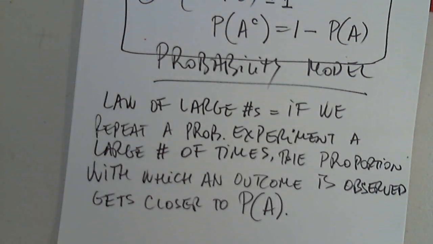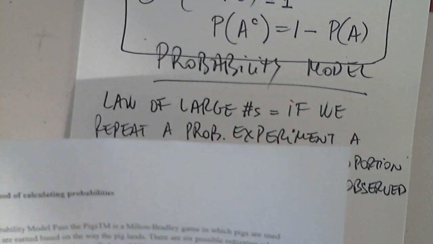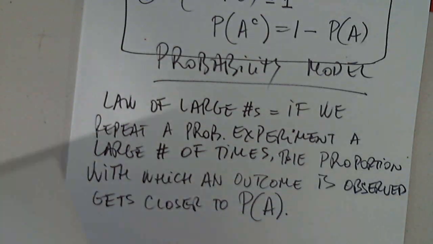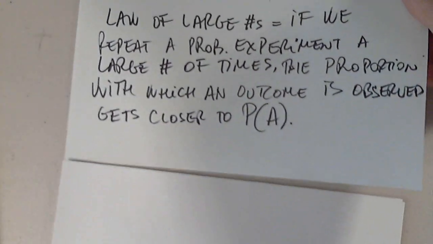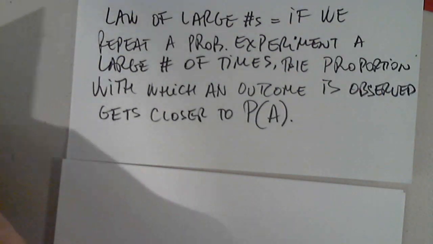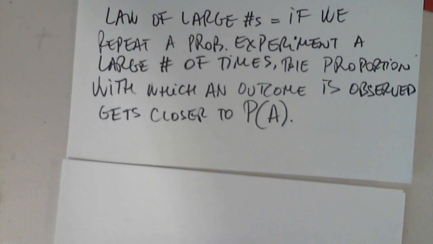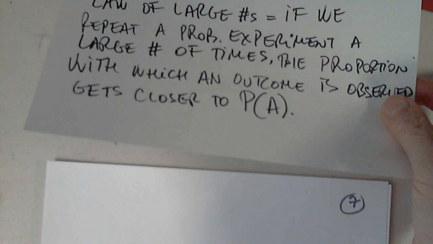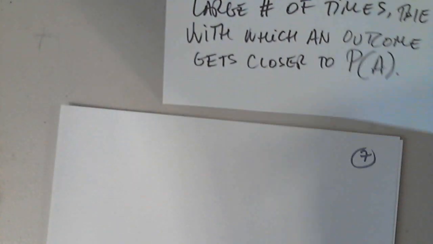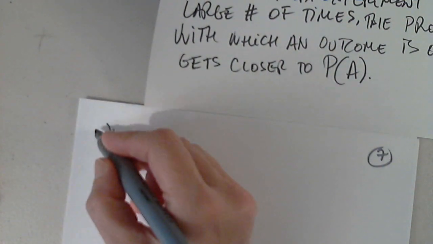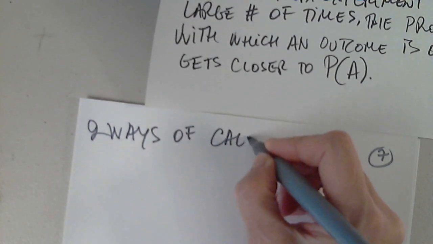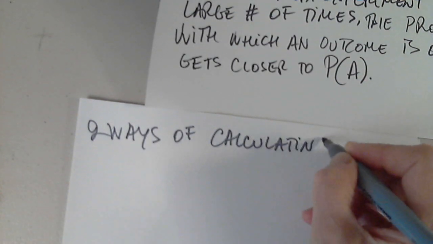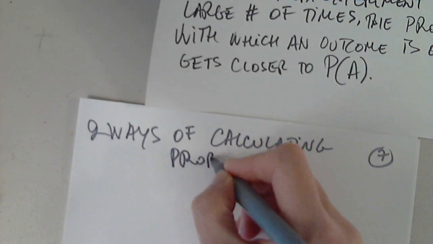Okay, we are on page 5. We have two different ways of determining probabilities. Two ways of calculating probabilities.